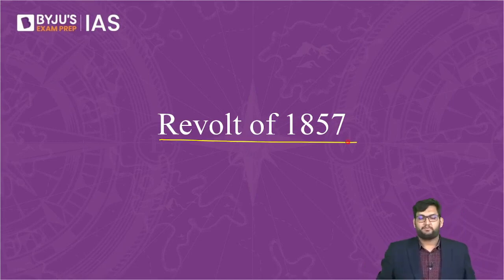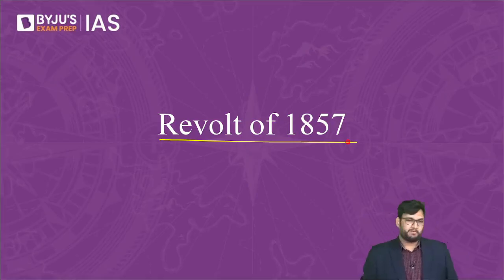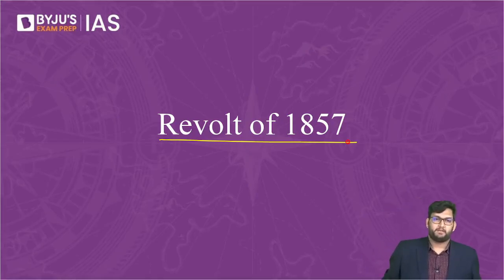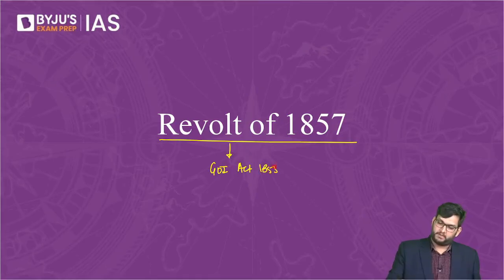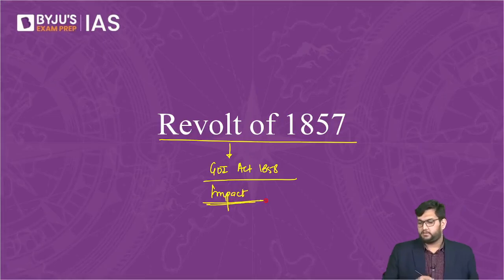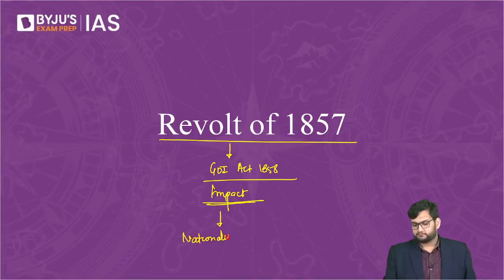So we have to cover this but small section of 1857, and thereafter we have nationalism. So we have to cover Government of India Act 1858, the impact generally of this event. Thereafter, we'll go into the concept of what do you mean by nationalism. We call it pre-INC bodies.